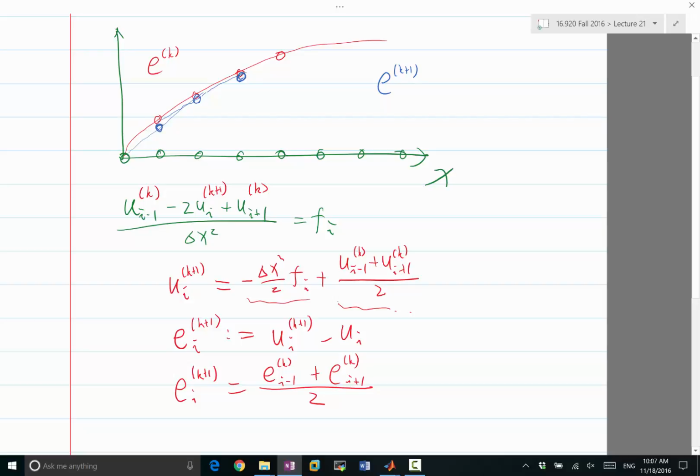As long as this line still has some curvature, my ek is going to decay as k increases, as I'm taking these averages. But you can see the smaller the curvature of the ek is, the smoother it is. In other words, the slower it will decay.